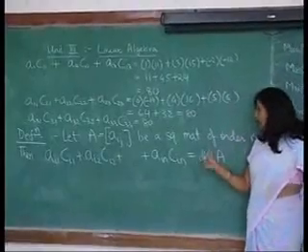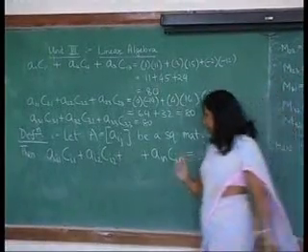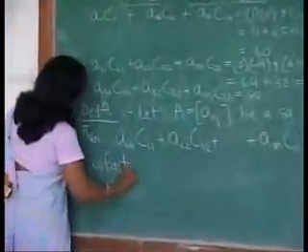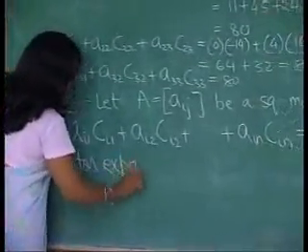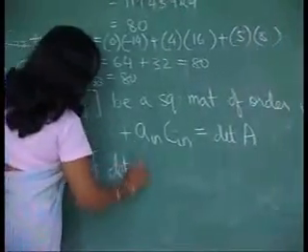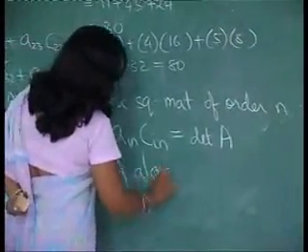This method of evaluating the determinant is called the cofactor expansion. It's called the cofactor expansion of determinant of A along the ith row.